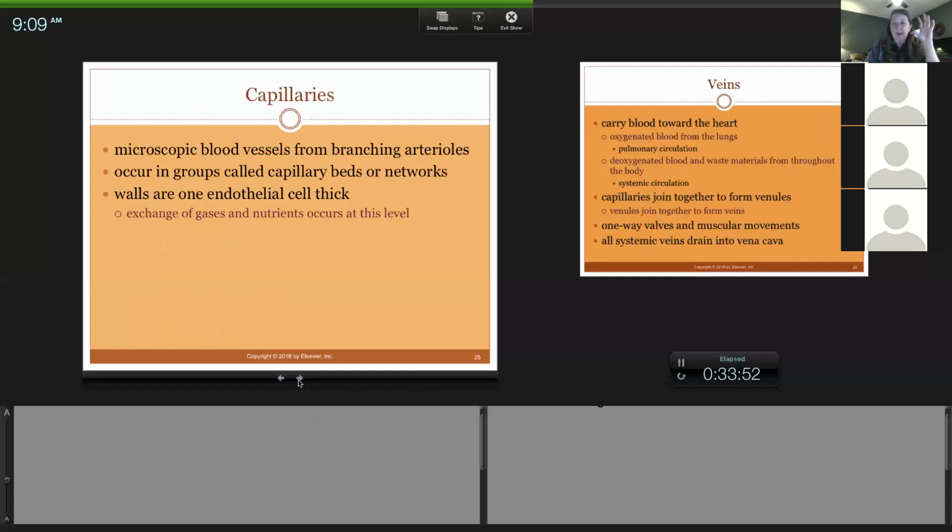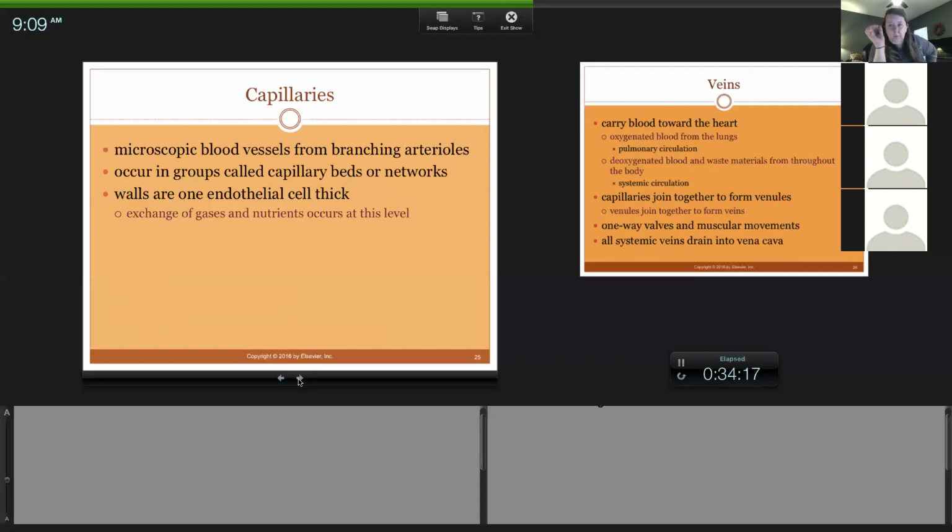Now, a capillary is even smaller than an arteriole. These are those microscopic vessels, and they are capillary beds, and they are one cell thick. If you remember, when we did tissues, I talked about layers of endothelium. Endothelium is the inner layer of a blood vessel.